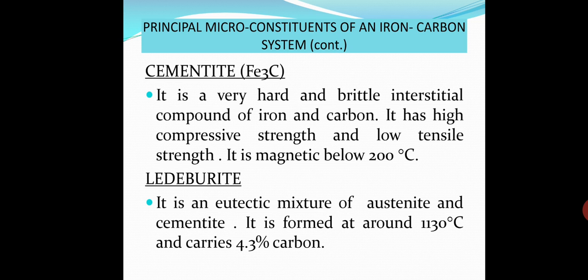So you just remember the names and know that these are the micro constituents which remain in different forms, though they are composed of iron and carbon. Because of the form, the phase, their properties vary, their lattice structure vary. So even if you are not able to remember all the structures, just remember the name and the temperature.